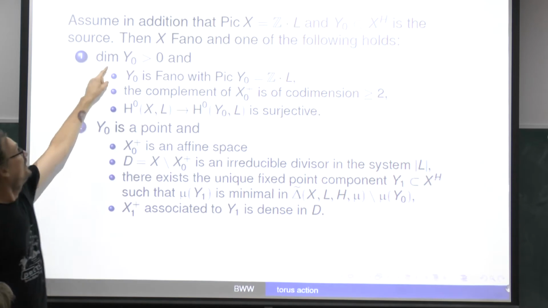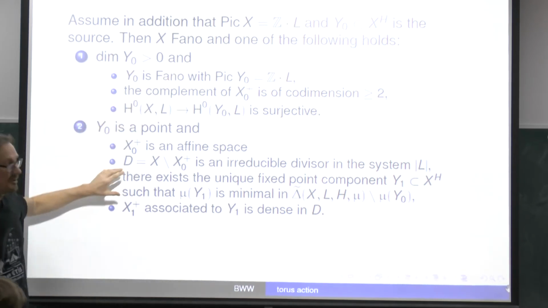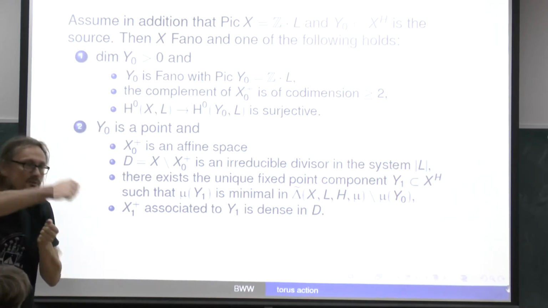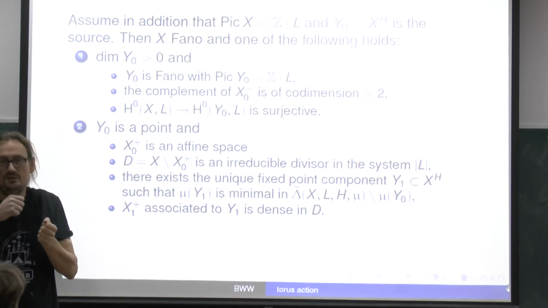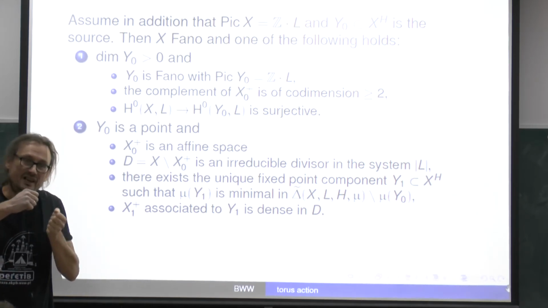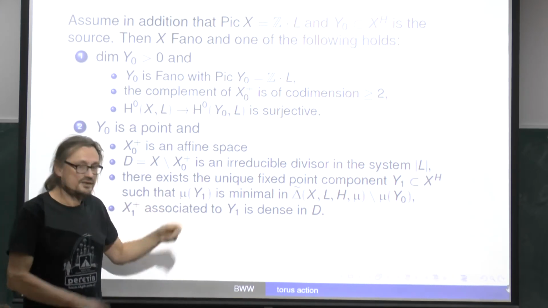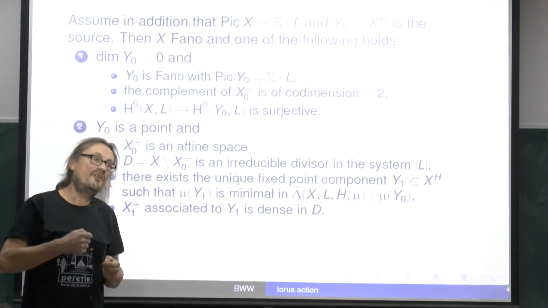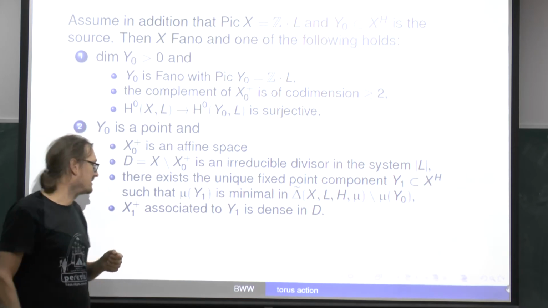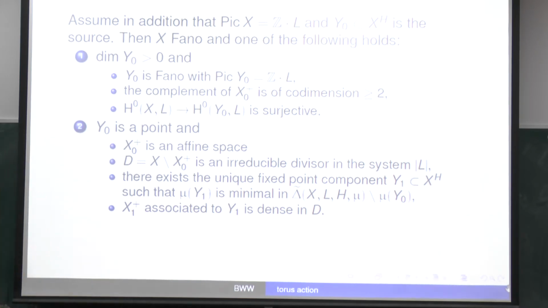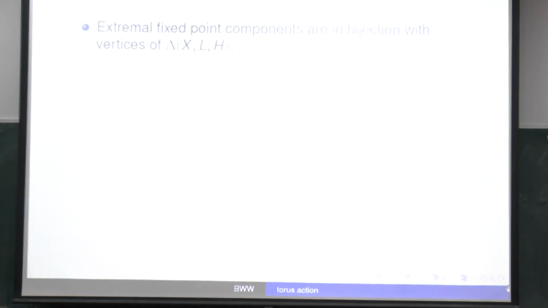Namely, since the Picard group is Z, there exists the next one, the next one which will contribute to the second cohomology, and this is the source for the divisor, for the generated divisor. Okay? What comes with this?